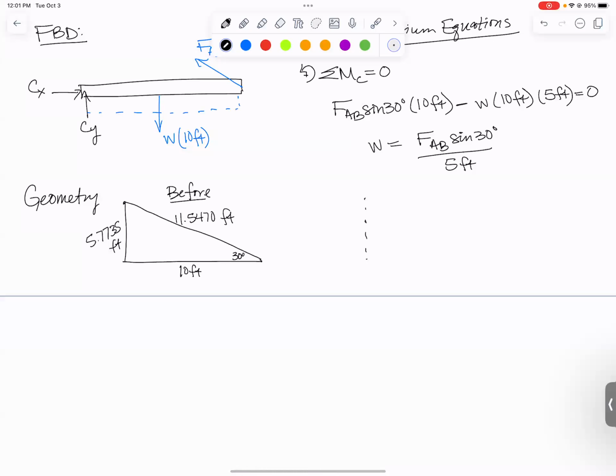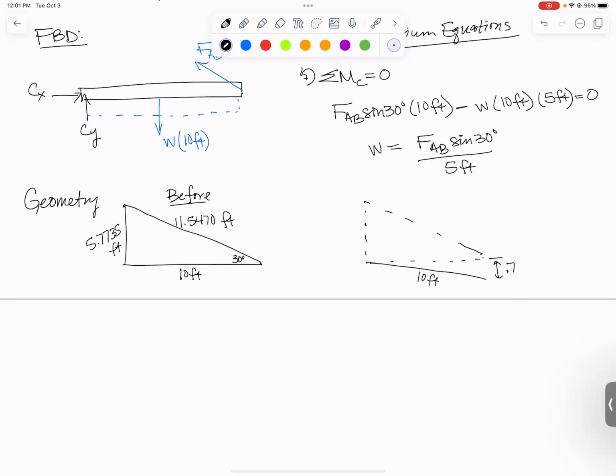So starting with that triangle that we had, what's going to happen is that 10-foot bar is going to rotate downward a small amount. It's still going to be 10 feet, but the important thing is that this downward deflection is 0.75 inches, which I like to convert to feet, 0.0625 feet.